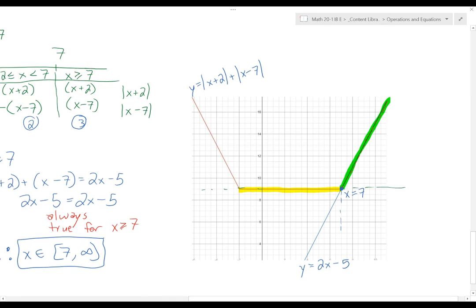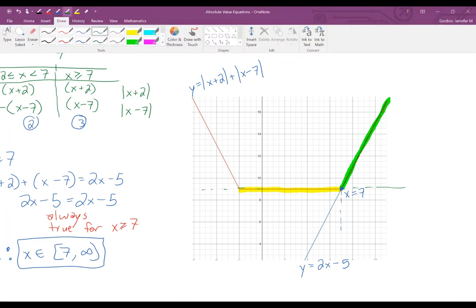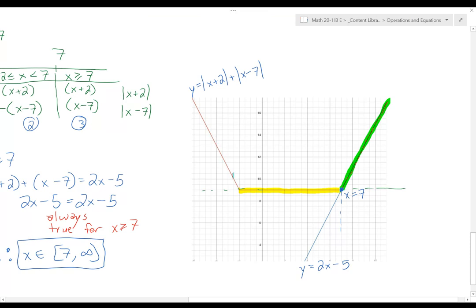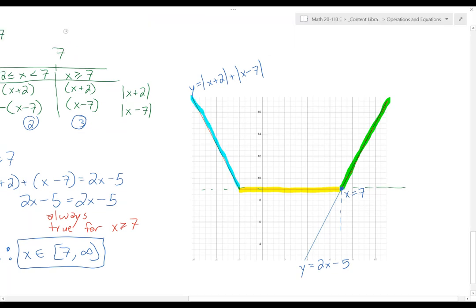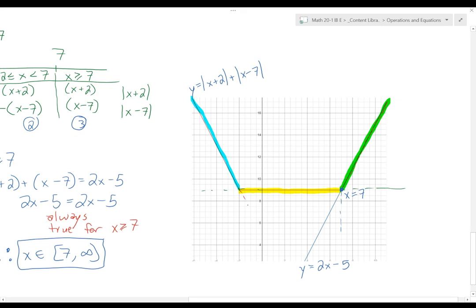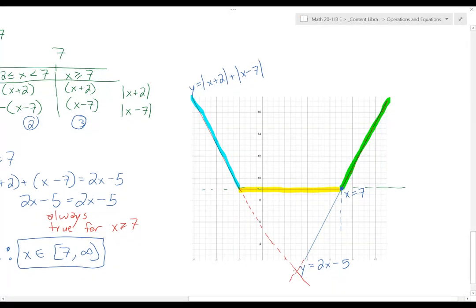And if I look at the far left section, so let's highlight that in blue. If I look at this far left section, why did I find an answer? Well, if I think about this as extending, then I can see that those two lines would, in theory, intersect, and they would intersect when x equals 5/2.